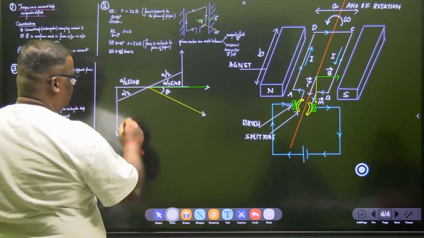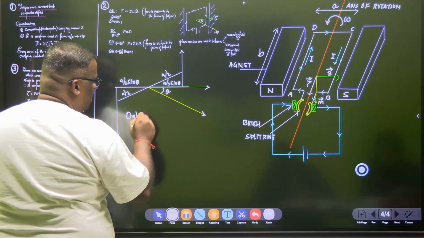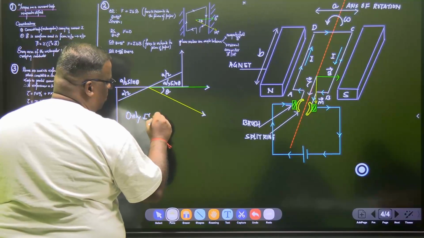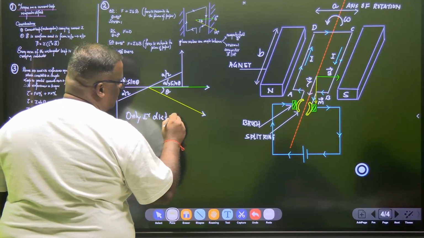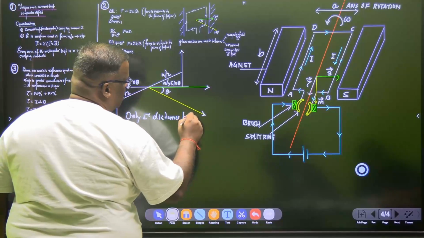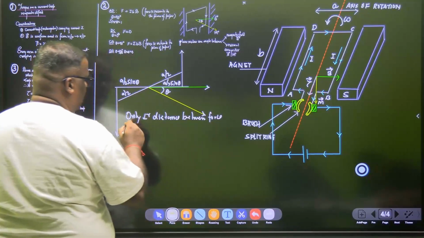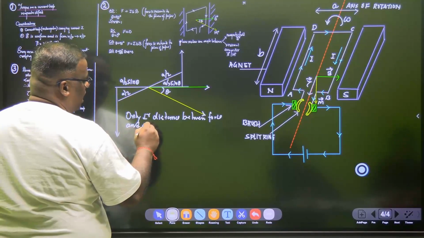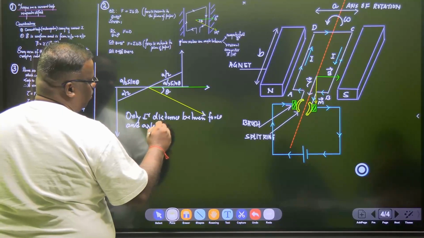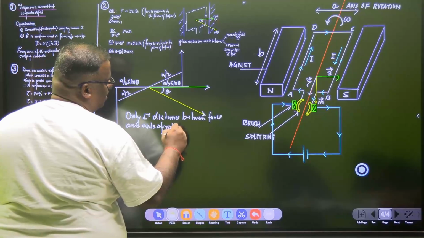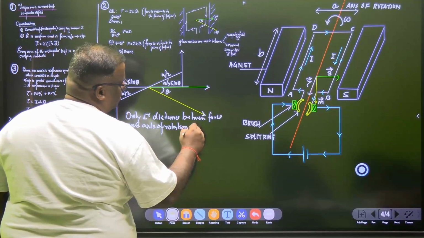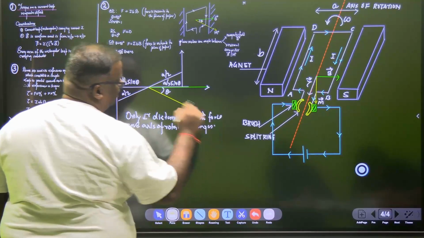So nothing changes except the perpendicular distance between force and axis of rotation.